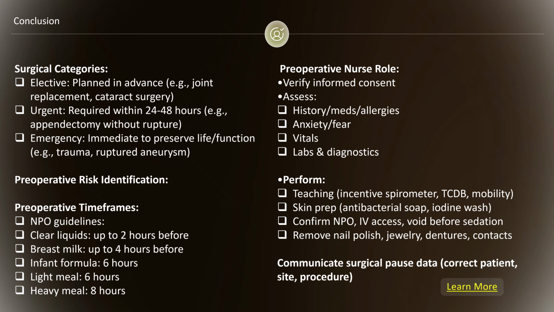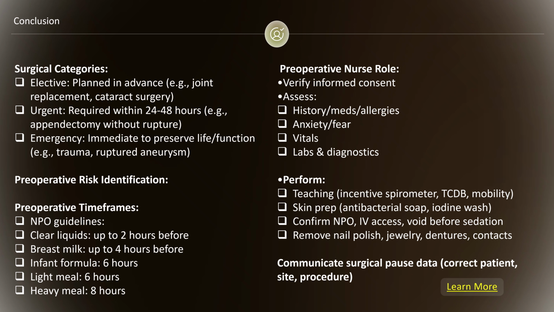So surgical categories, the chapter has a long list about this. Elective is planned in advance. Urgent is required within 24 to 48 hours, like appendectomy without rupture. Emergency is immediate to preserve life or function.